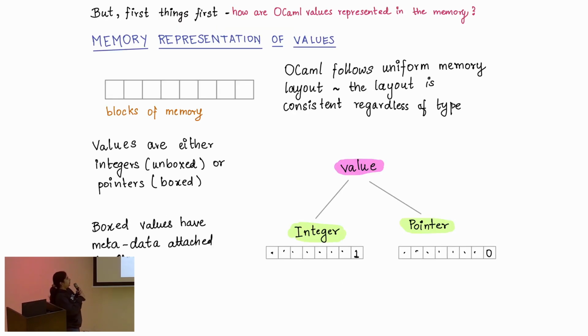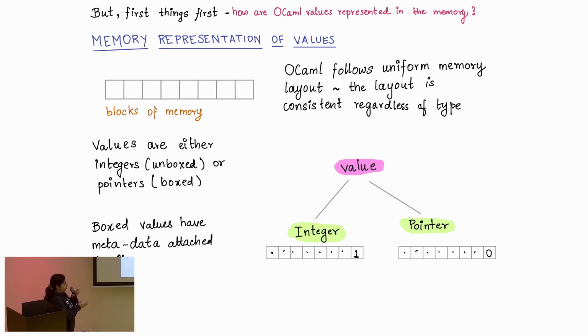Also, let's see how the values are stored in OCaml memory. Right? OCaml has this uniform memory representation. So all objects are treated the same, basically. Essentially, let's just remember that. Values are either integers or pointers. How do we distinguish those? Integers have 1 in their least significant bit, and pointers have 0.